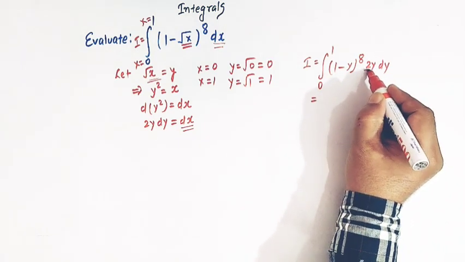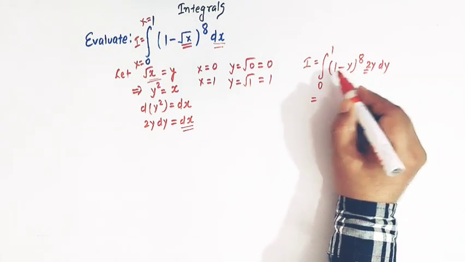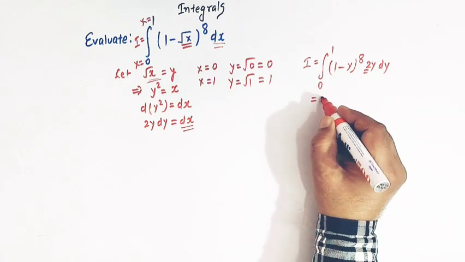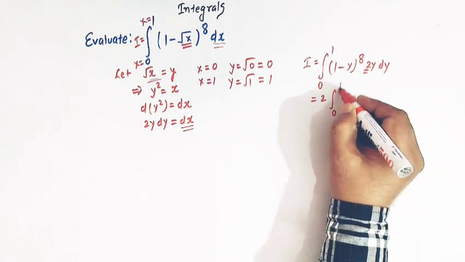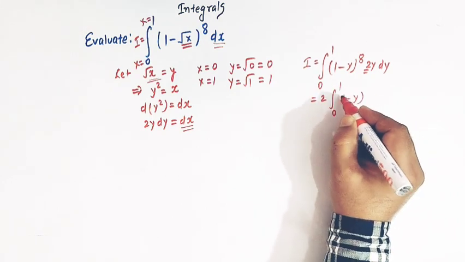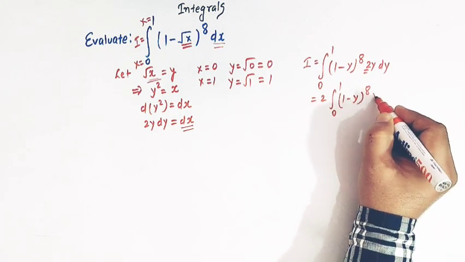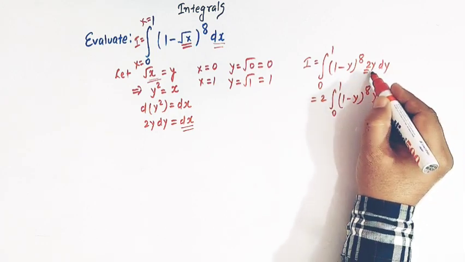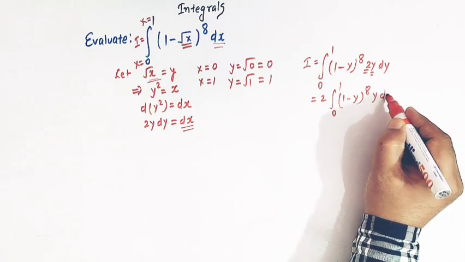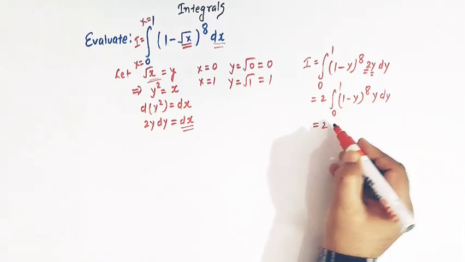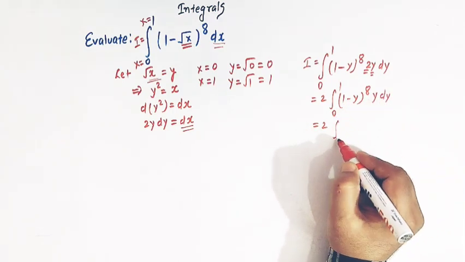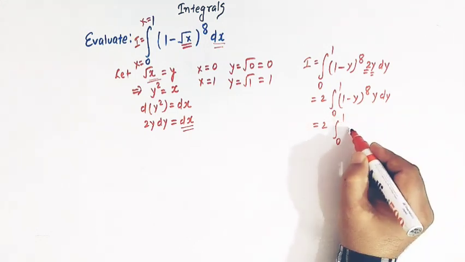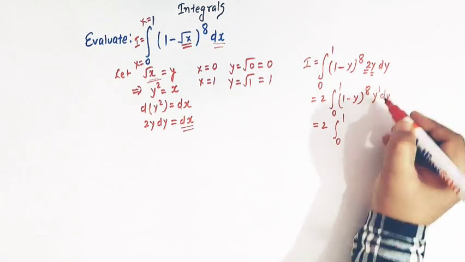Now this 2 can be taken outside the integral. So we have 2 times the integral from 0 to 1 of (1 minus y) raised to 8, and we are left with only y. Now we can express this integral as 0 to 1, and here we have y raised to 1.